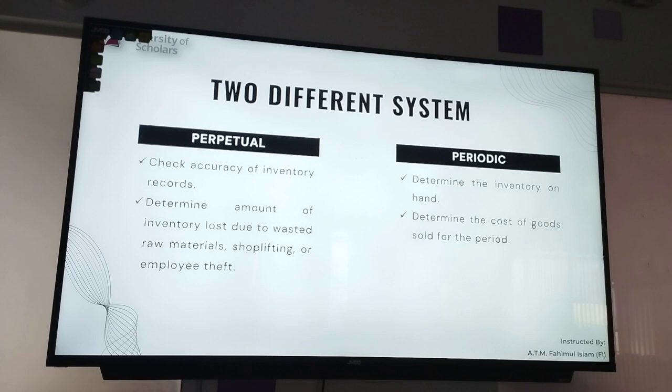The cost of goods sold is also determined for the specific period, and the periodic system is a bit simpler than the perpetual system. We just calculate the numbers and that's it. But in a perpetual system we have to keep a balance of every purchase or every sale. We have to keep records of the actual inventory units we have in our hand.